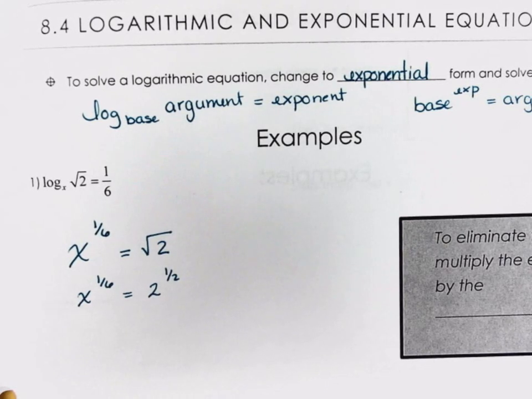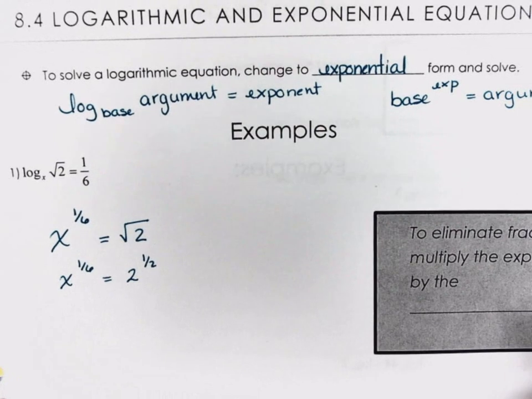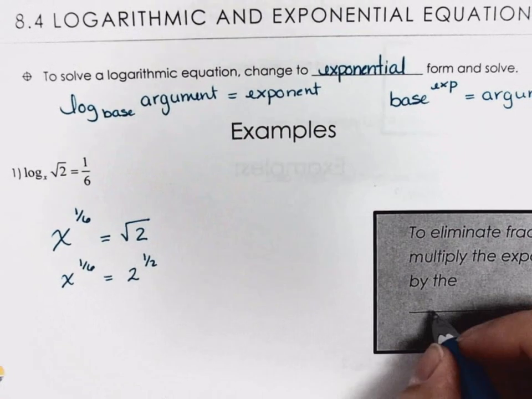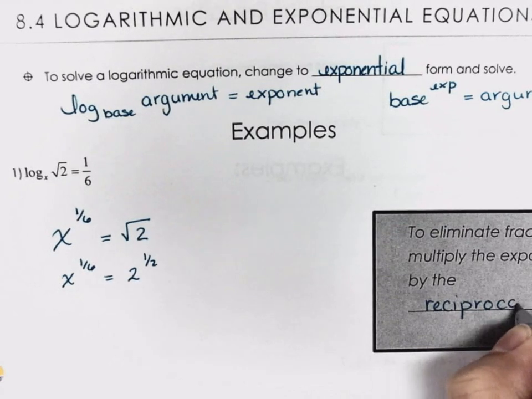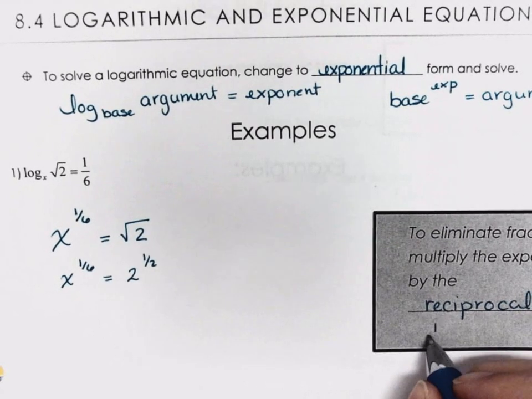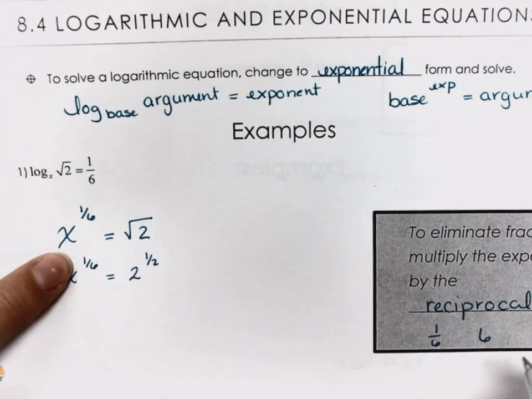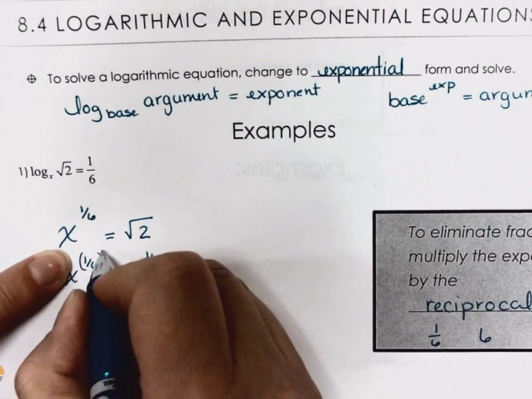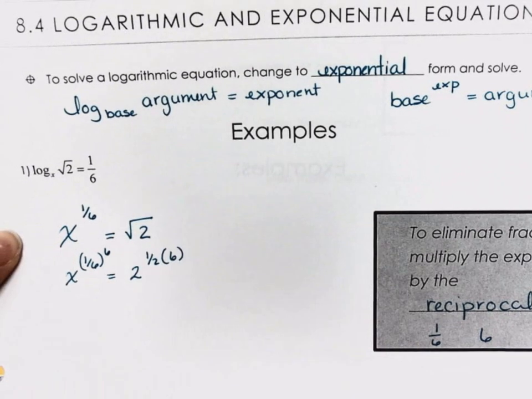We did this in another lesson, but I didn't really talk about it. To eliminate fractions, multiply the exponent by the reciprocal. What's the reciprocal of 1/6? 6. So I'm going to multiply this exponent by 6, but that means I have to multiply this exponent also by 6.